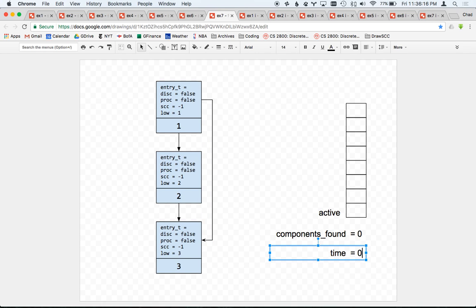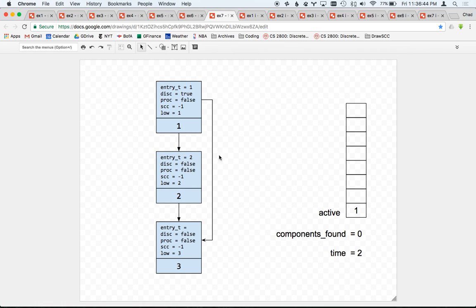Running through the algorithm real quick goes like this: time equals 1, we set this to be discovered, we push it onto the active stack, we process its first edge, which takes us here, we mark this as time equals 2, of course, because we increment the time.